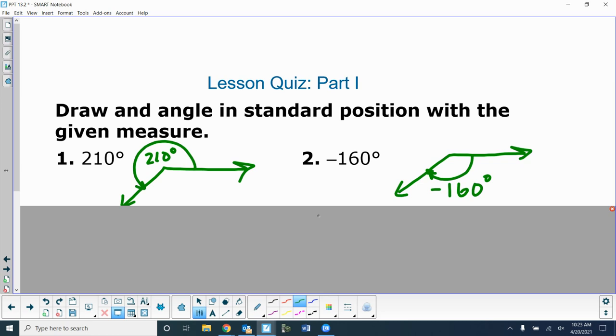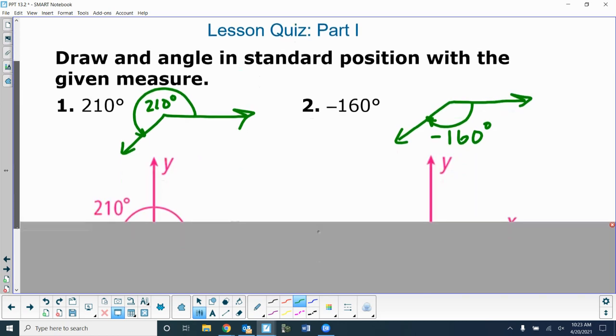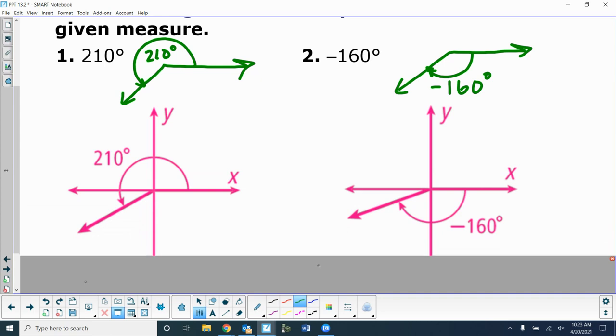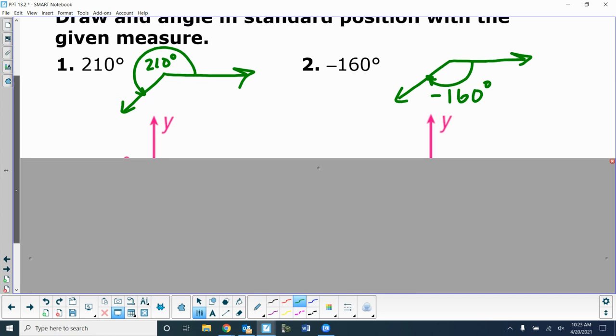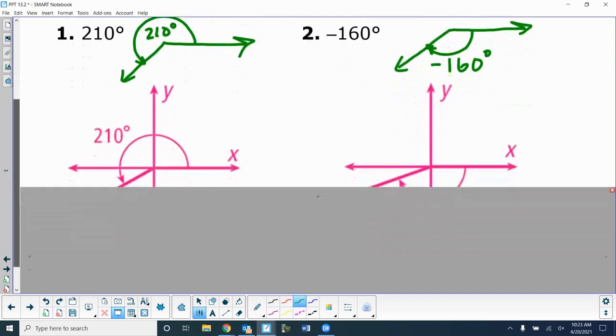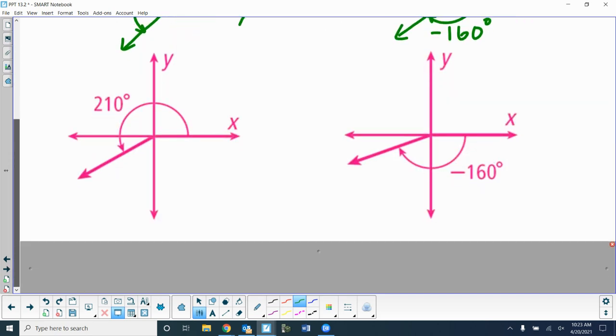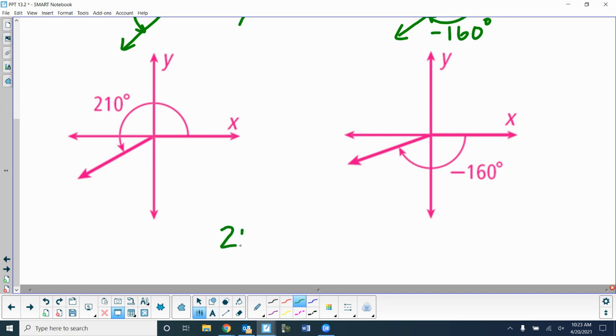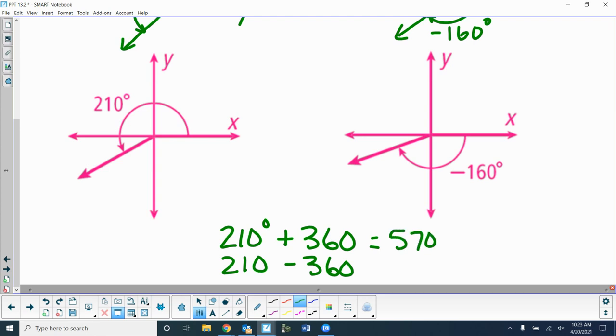Coterminal. Did you have any issues with coterminal? What would be coterminal? Let's just do 210. This is a quick review of coterminal. What do I do for coterminal? Add 360 and subtract 360. So what's that? 570. And what's that?